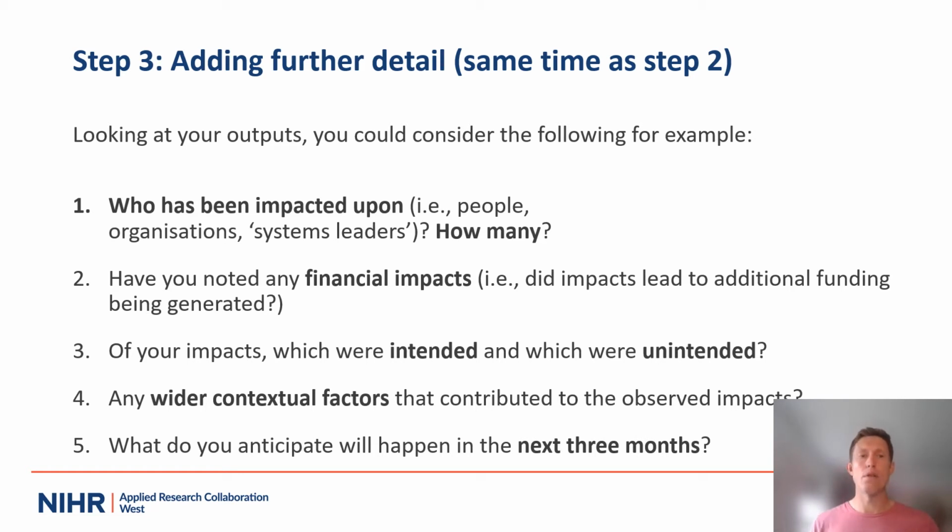If you then run follow-up sessions, you can reflect back upon that 3-month period and ask, have things actually happened as we anticipated? That is a really helpful approach to take from an analytical perspective.